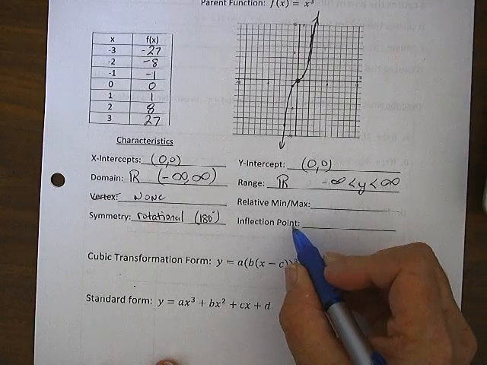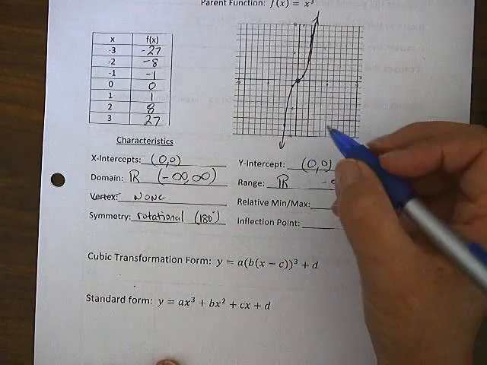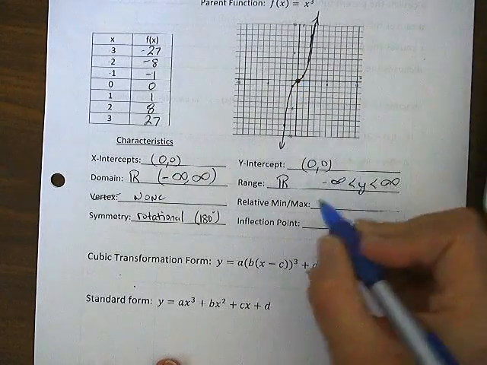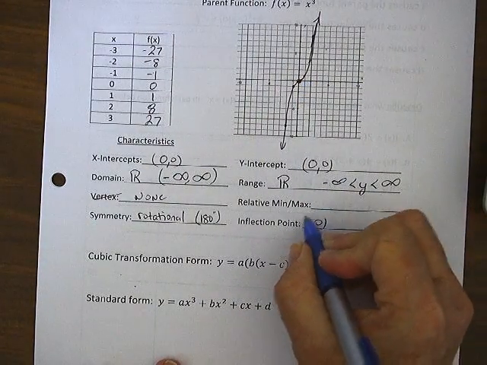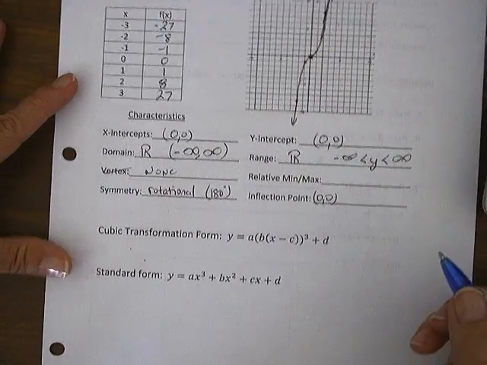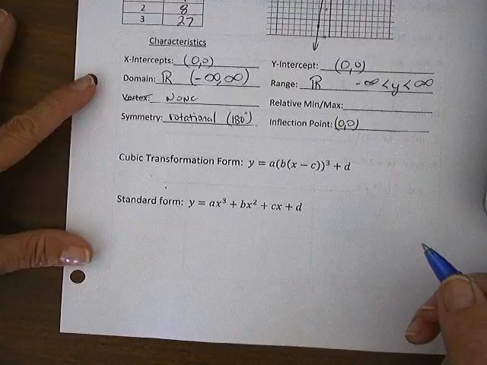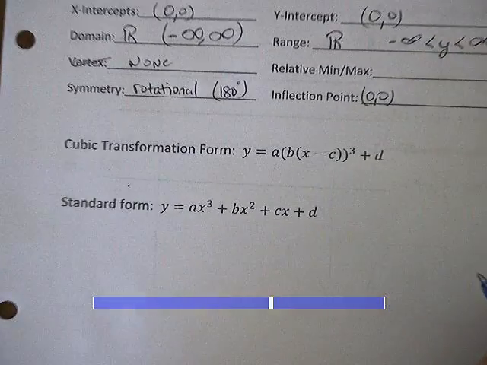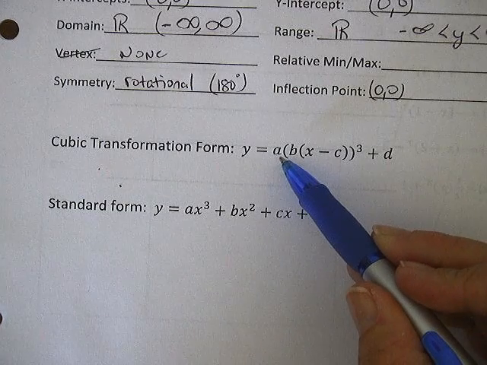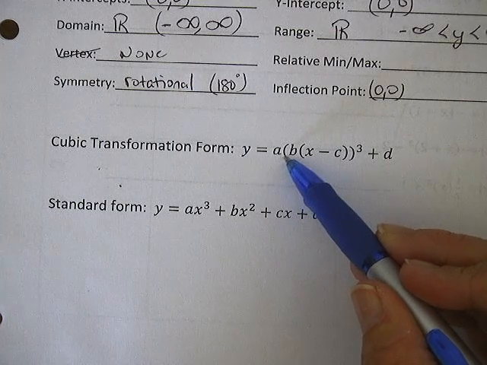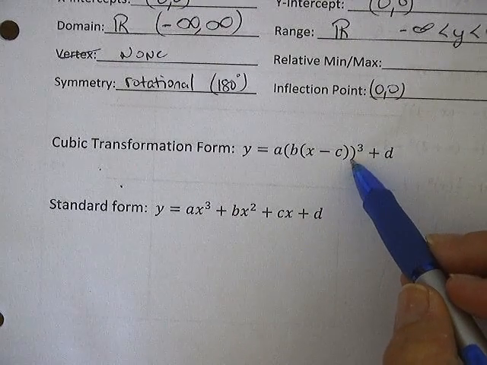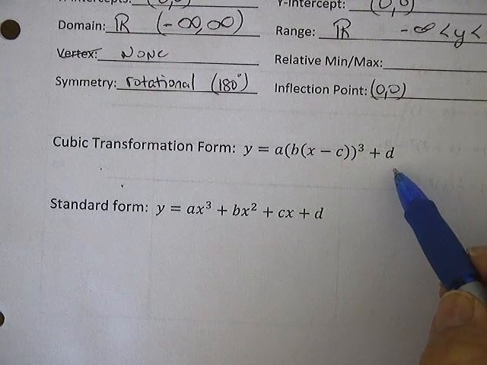Inflection point is the point that we're going to use when we move or translate our parent function. In this case, it is at 0, 0. That's the point we're going to track to see how it has been translated or transformed. We have two equations here that we will use for our transformations. Our cubic transformation form is a times b, parentheses, x minus c, close parentheses, cubed, plus d.